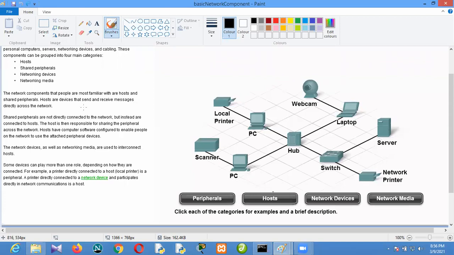Now, first of all, we have what we call hosts. Hosts, I'll call them computers. As I said before, a computer is not just your personal computer like your laptop. Printers are computers. Cameras, yes, they are computers. And alarms and so many other transducers, scanners, and all of that.